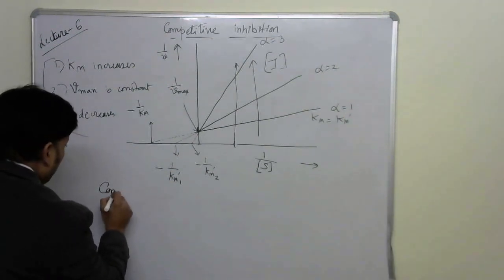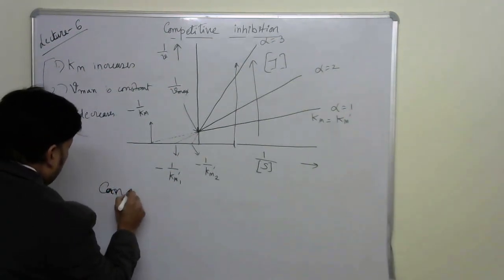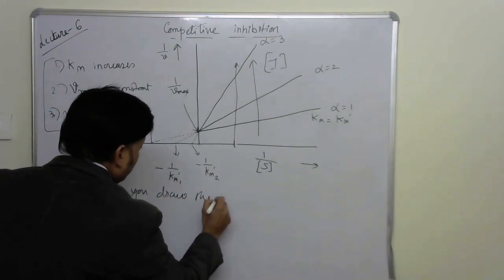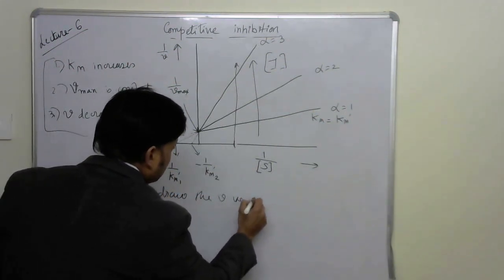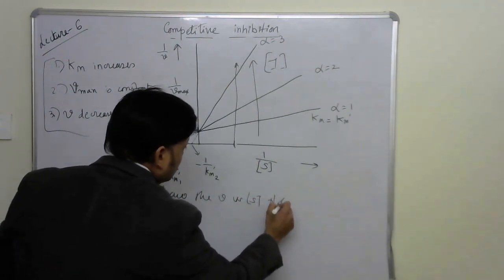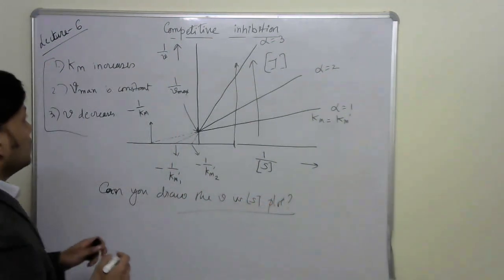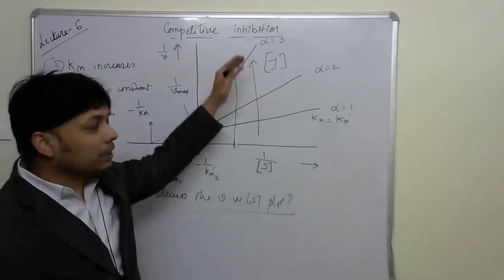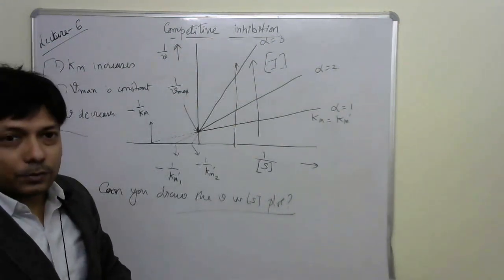So here is a question for you: can you draw the V versus S plot for competitive inhibition, considering we have different increasing I values?